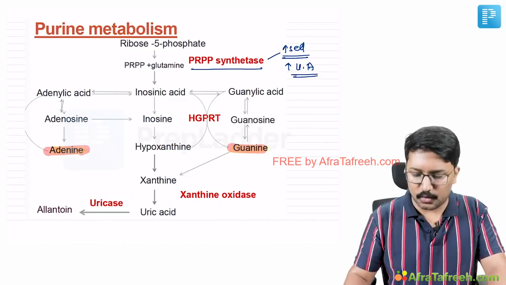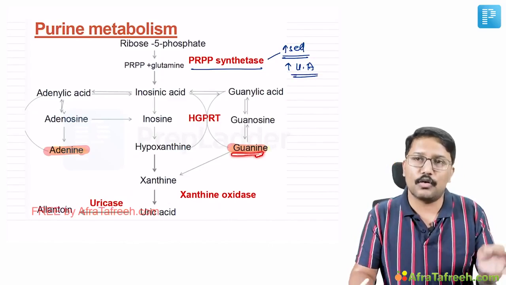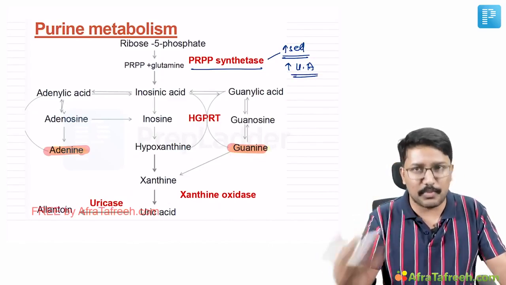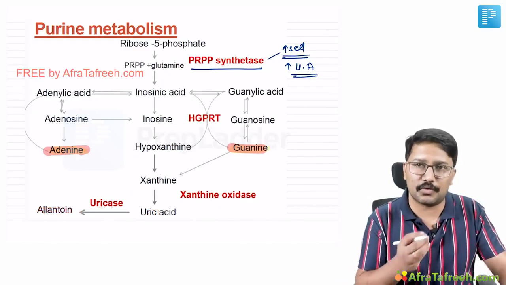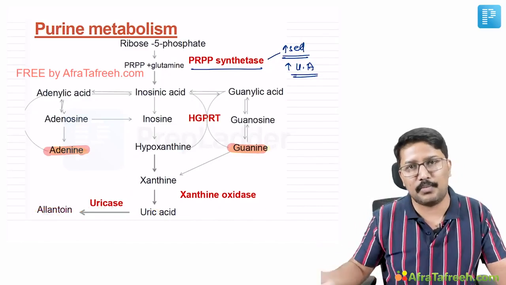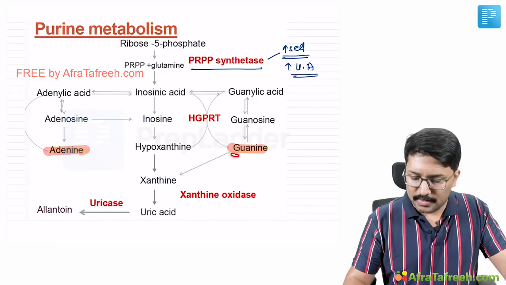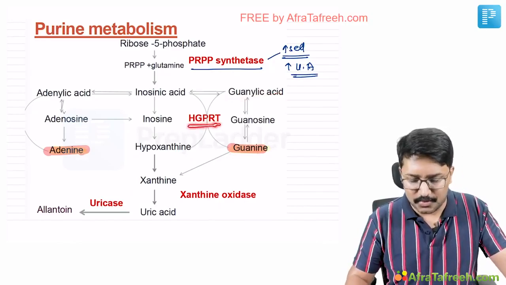From the flowchart, you can notice that guanine and adenine can go back to the purine pool, and they can be utilized for production of the building blocks, or the nucleotides, for RNA and DNA. They can also be utilized for formation of AMP and thus eventually ATP, and GMP eventually GTP, right? So this guanine to guanylic acid conversion is done by HGPRT.